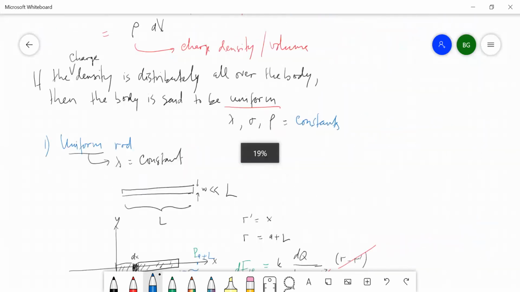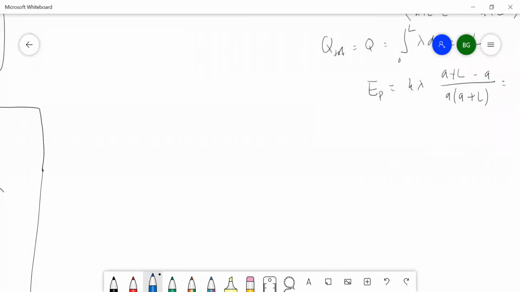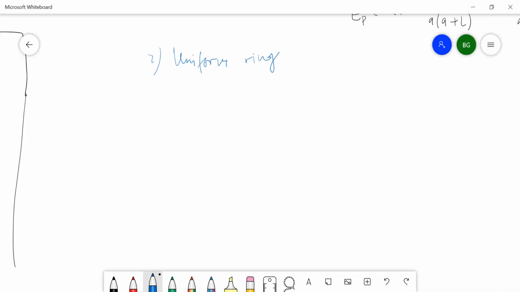The second example is a uniform ring. The ring has a radius R and constant lambda.